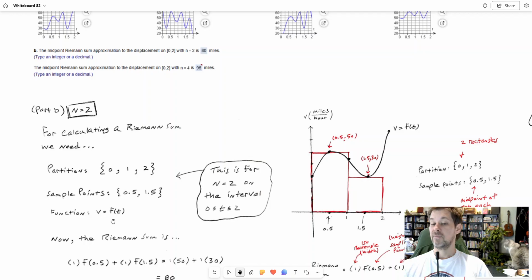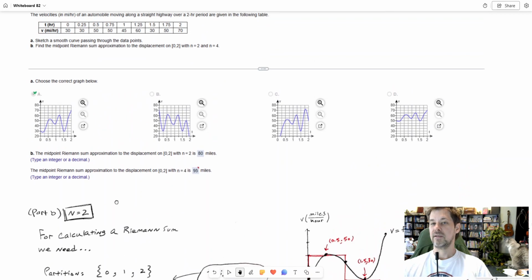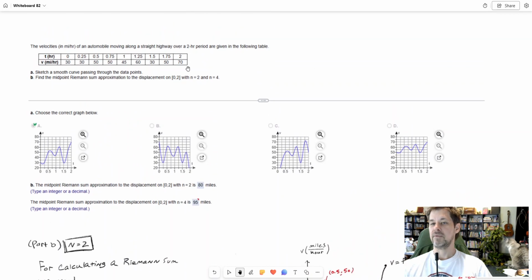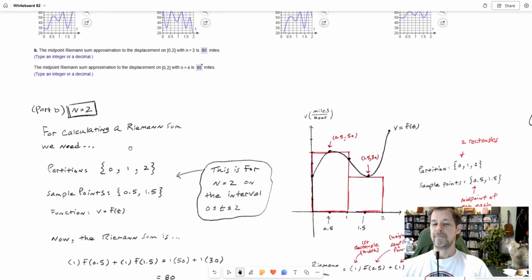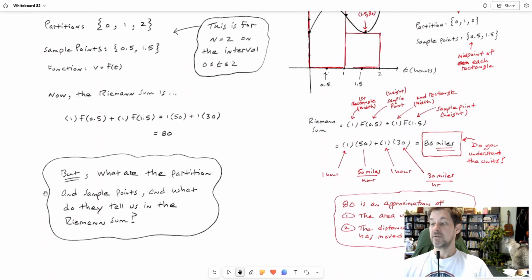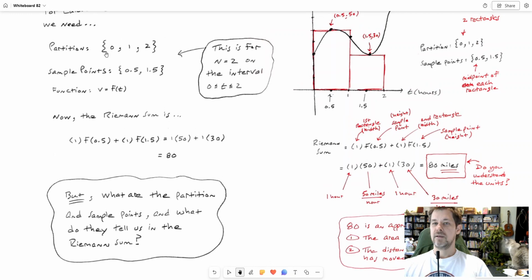And then I need some function to do calculations with. That function is velocity as a function of time, which remember I don't have except for the data points in this table. All right, so here's the Riemann sum. Here's what you do. You take the distance from 0 to 1, which is 1, and then you take the sample point and put it into the function.